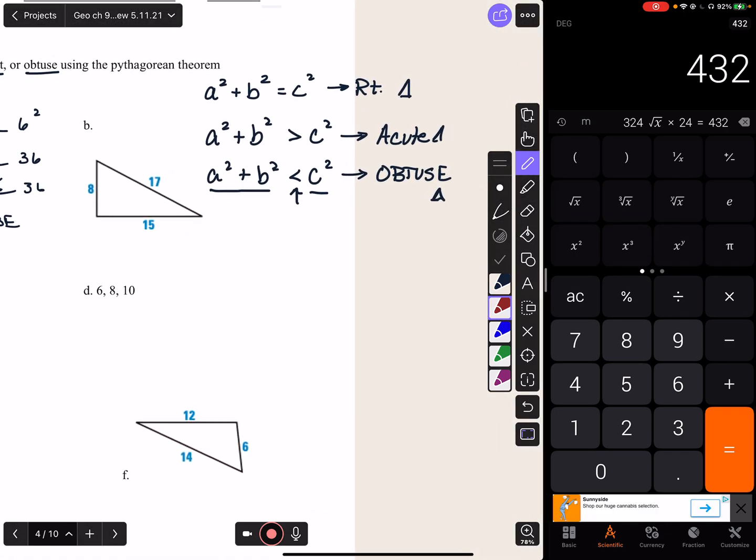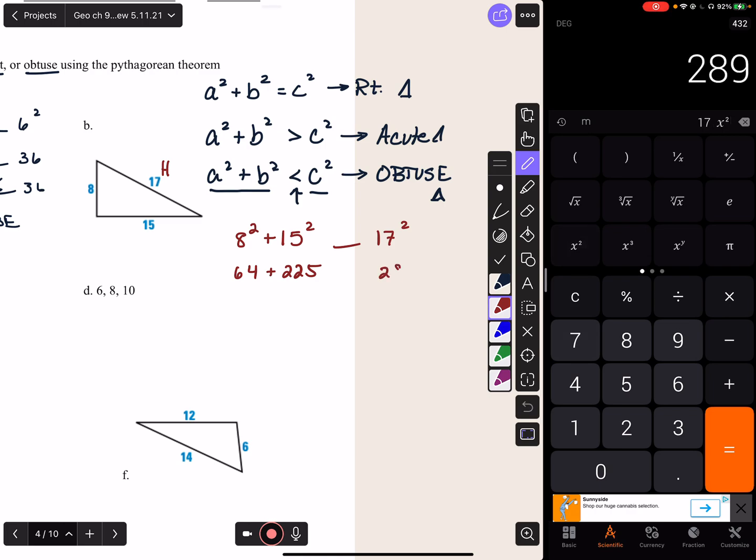Let's do b here. There's got to be our hypotenuse, or side c. It's the longest side. A squared, therefore, plus b squared. How is it compared to c squared? So 64 plus, I think that's 225. I think 17 squared is 289, but let's check that.